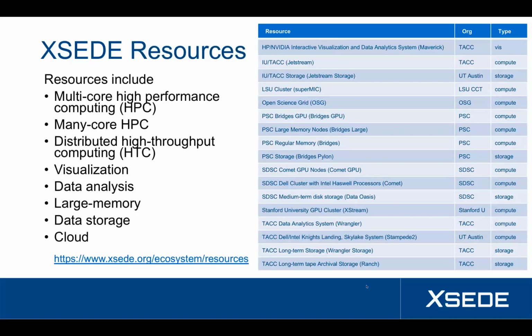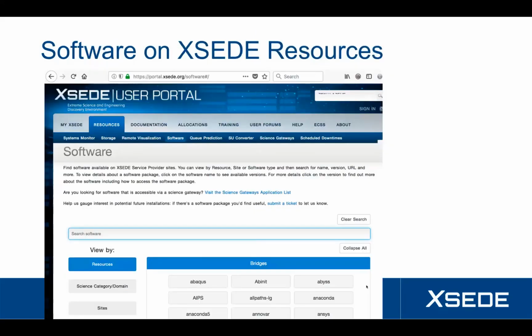Though, of course, there are some topics that go across many of these resources, like many of them use Slurm for batch processing, for example. And, of course, there's also a wide variety of software available on these resources.